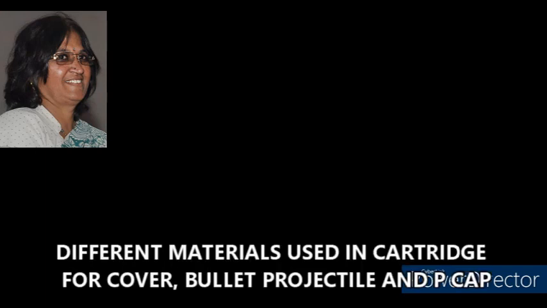So because of the differential expansion, on account of the different composition of the material with which bullet and cartridge are made of, that is the reason when you pull a trigger, because of the tremendous gas pressure and the heat that gets generated along with the gases, these two will expand.